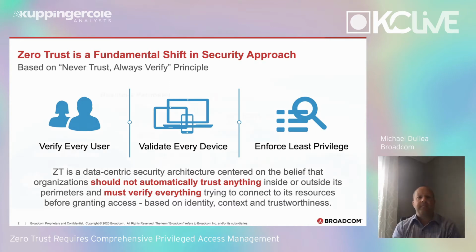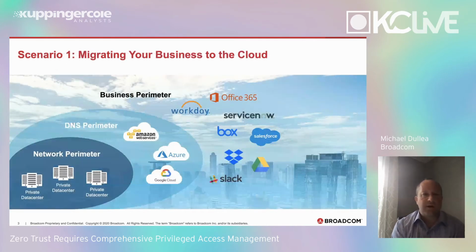I'm going to throw out a couple of scenarios that I think we should all think about and consider how they fit into this type of model. Number one is migrating your business to the cloud.